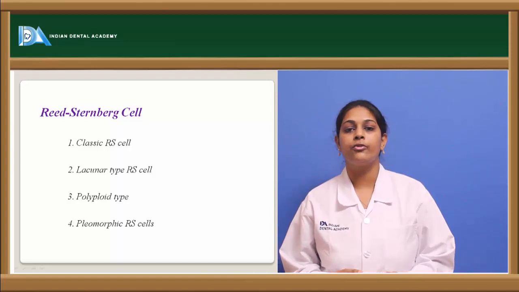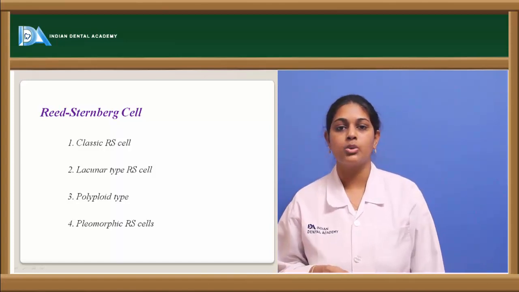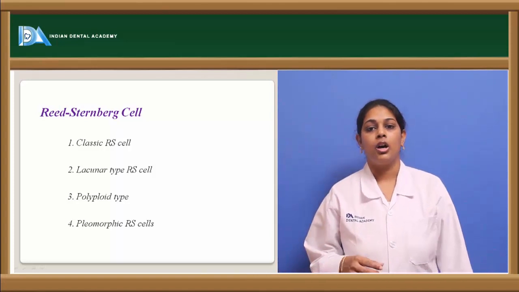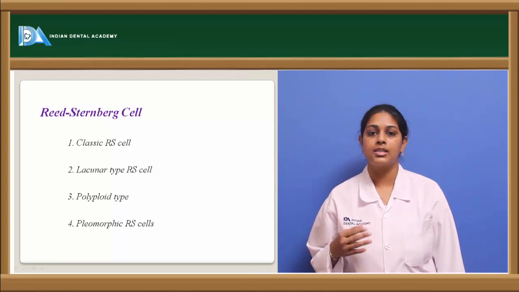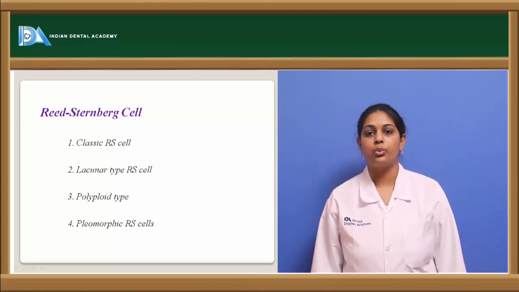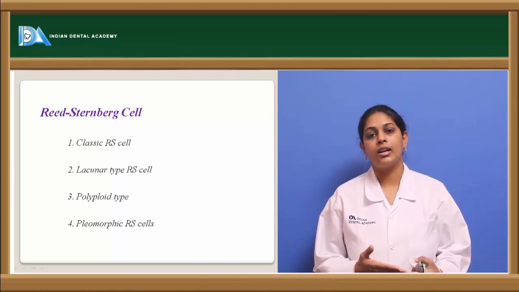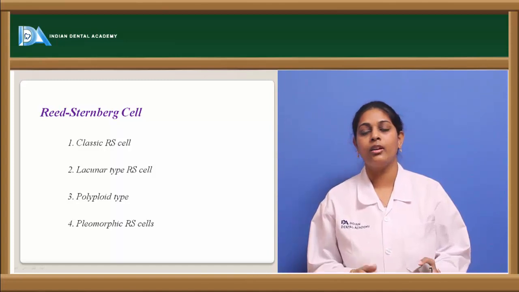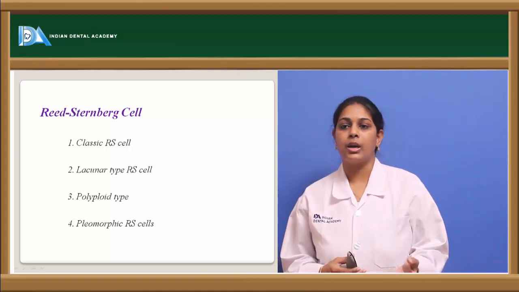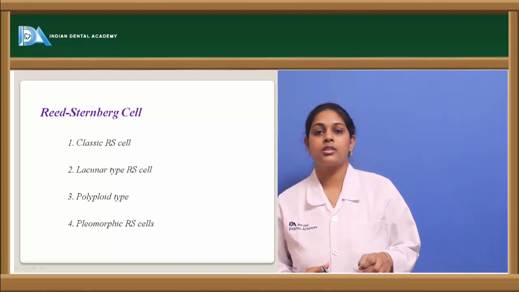The nucleus is bilobed, a mirror image of a nucleus, with centrally placed, round to oval, darkly stained eosinophilic nucleolus-like structures within each nucleus. Because of this nucleus and the scanty cytoplasm surrounding it, it gives an owl-eye appearance. So this is the Reed-Sternberg cell.